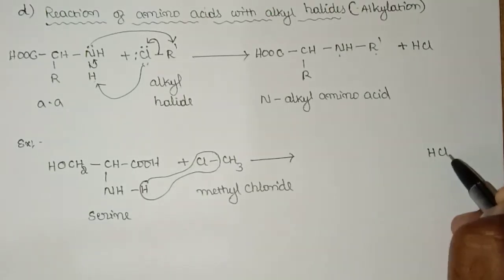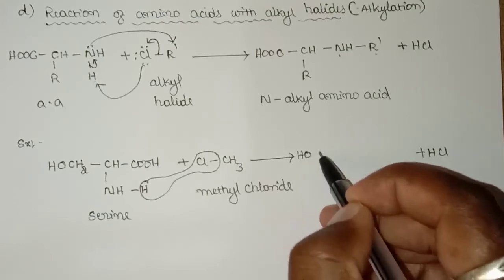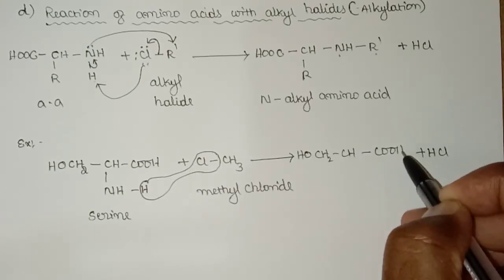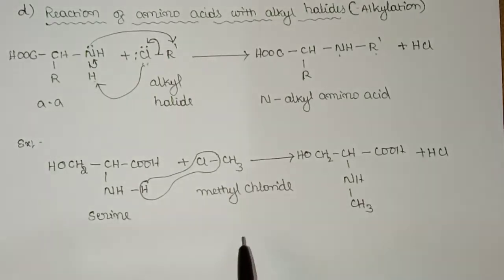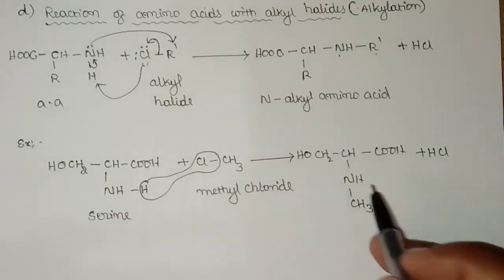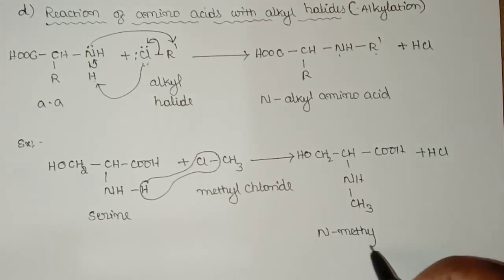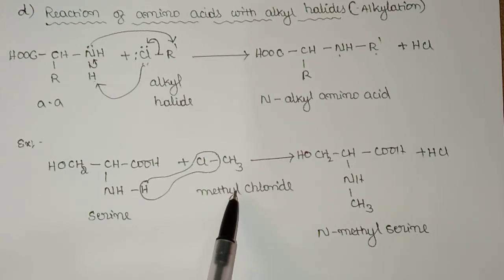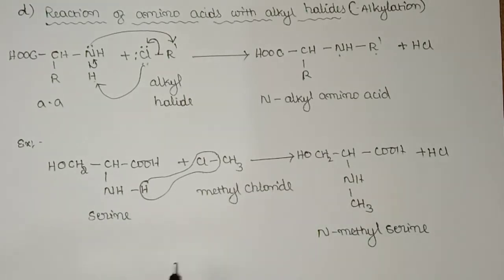HCl is going to eliminate, and the resulting condensation product will be OH, CH2, CH, COOH, and here the NH will be in attachment with CH3. So serine got methylated, so the name of the material will be N-methyl, and the amino acid is serine. This is the way how we can perform a reaction between amino acid and alkyl chloride or alkyl halide, anything it can be, to make the amino acid alkylated.